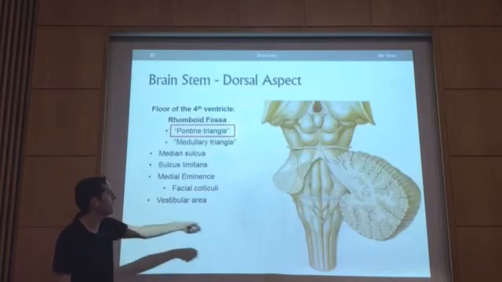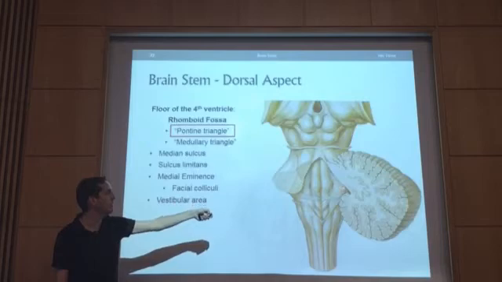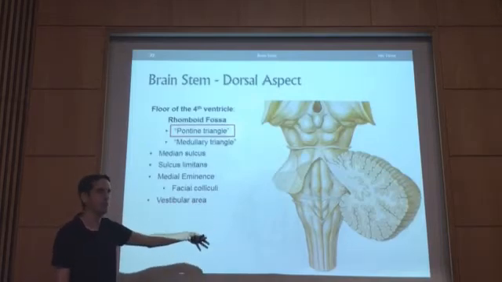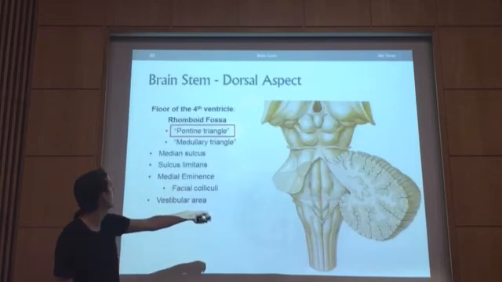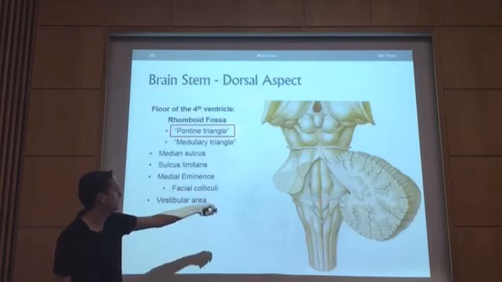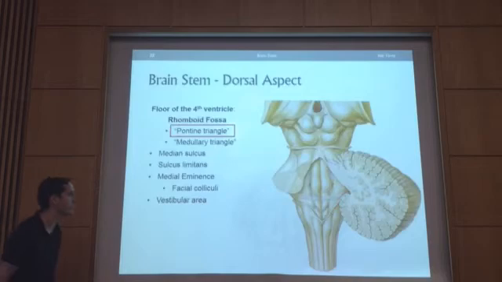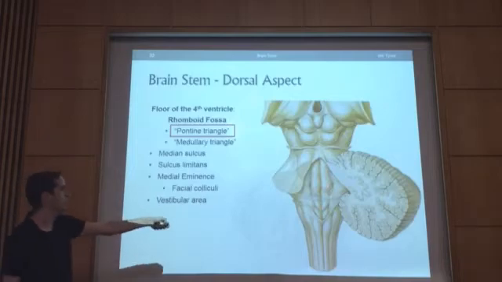Actually, the vestibular area is both in the pontine triangle and in the medullary triangle. We haven't started talking about the medullary triangle yet, but all of it is a vestibular area. Okay, so median sulcus, medial eminence, sulcus limitans, and this is the vestibular area.